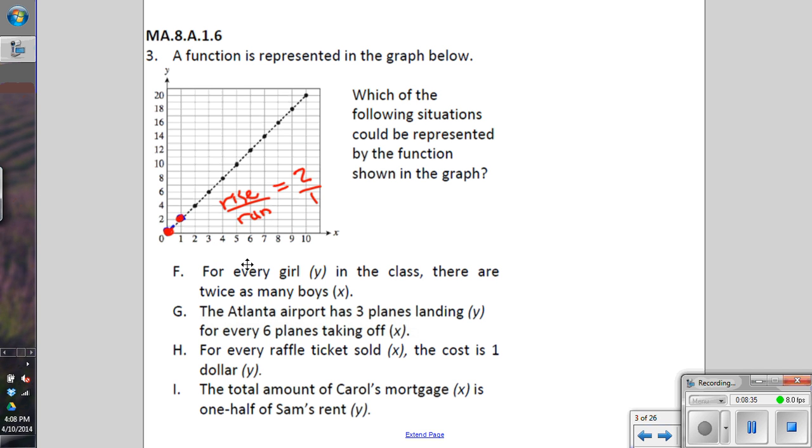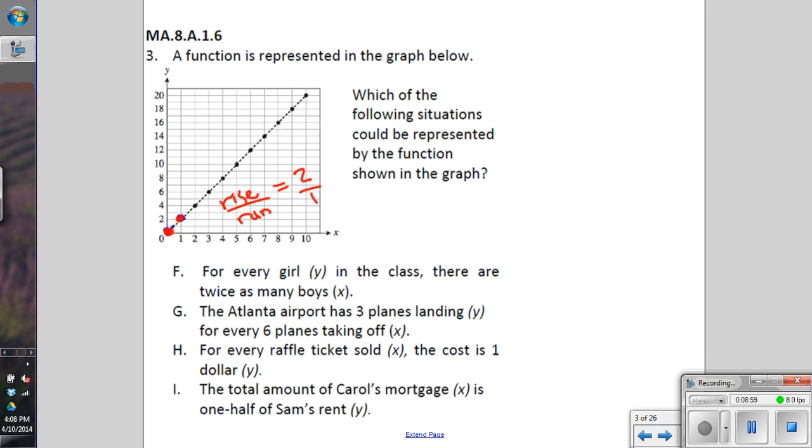It says for every girl in the class, every girl Y, so this column representing Y, there are twice as many boys. So that would mean when Y was 2, then X should have been twice as many, which should have been 4, and that doesn't follow the pattern.